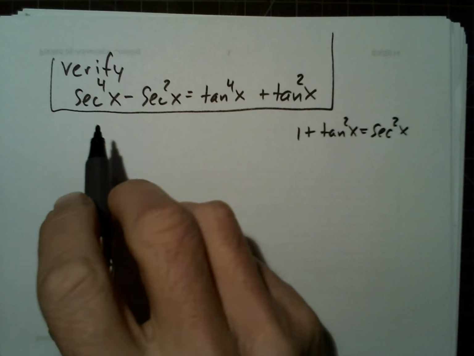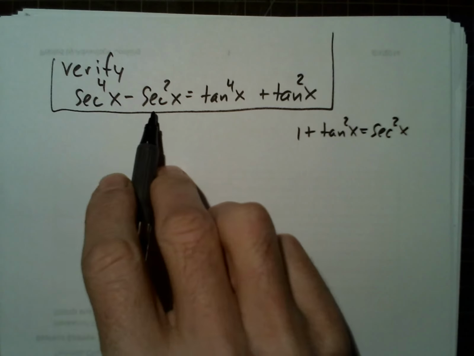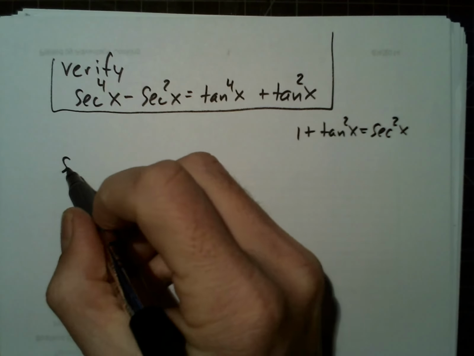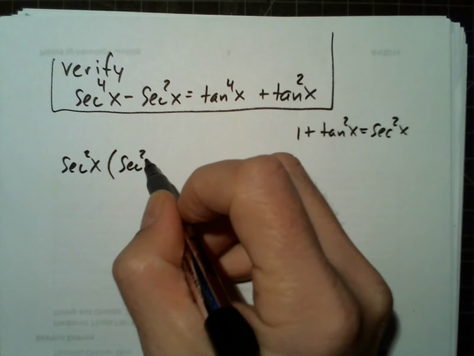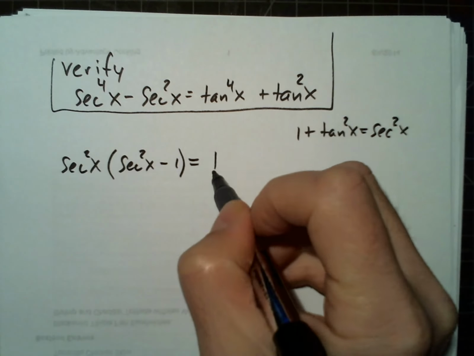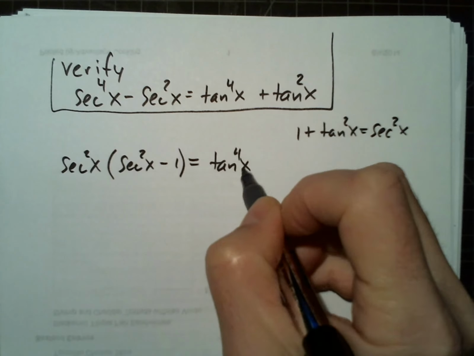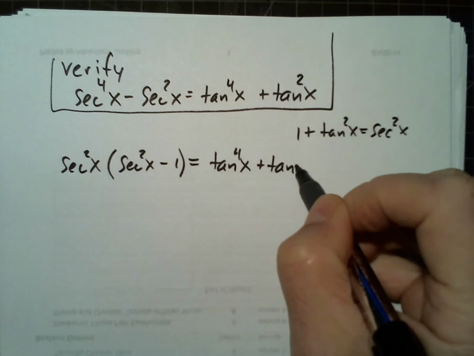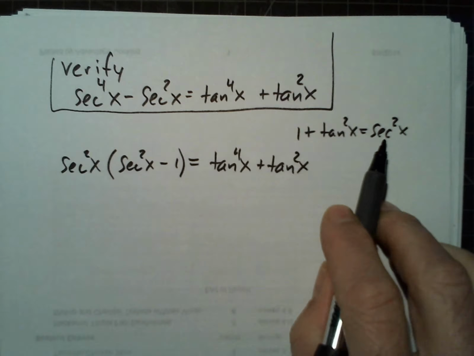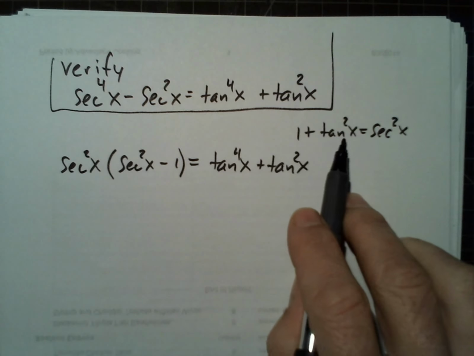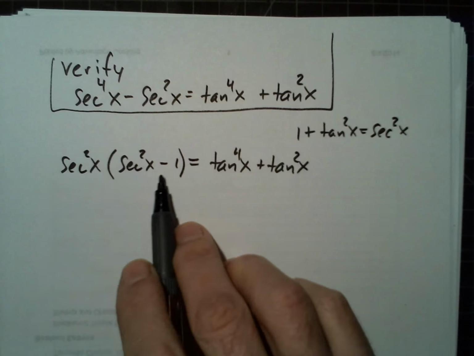Let's see what happens. We have a common factor, secant squared. Secant squared minus 1, we see that up here, secant squared minus 1 equals tan squared, so this is tangent squared.